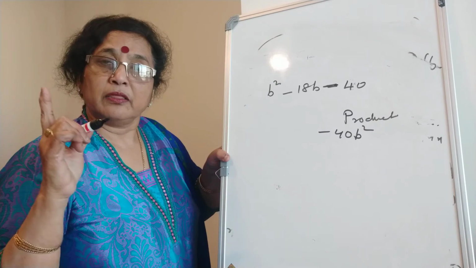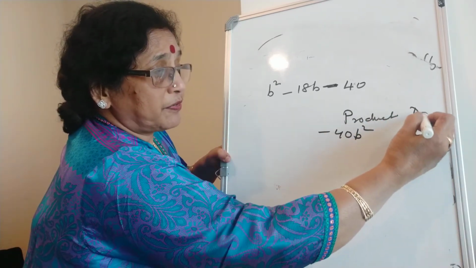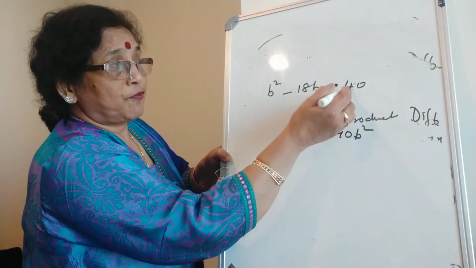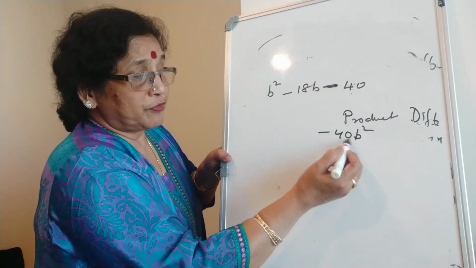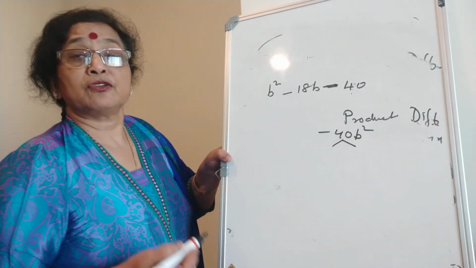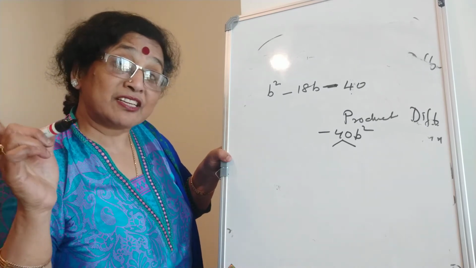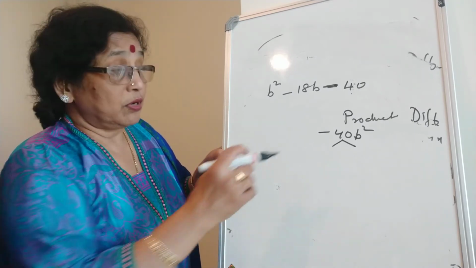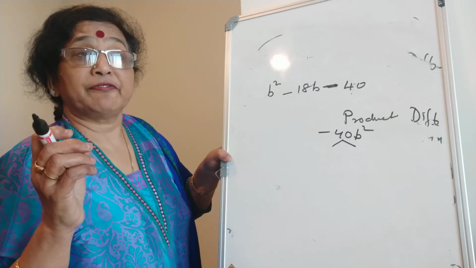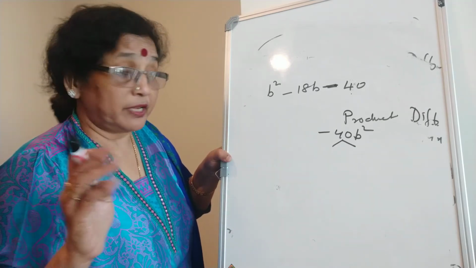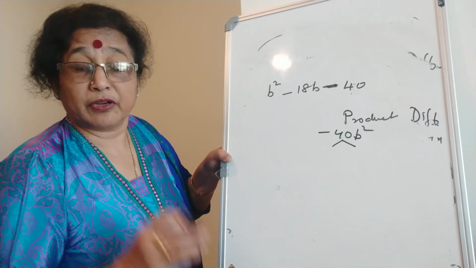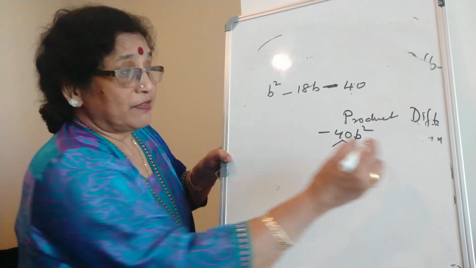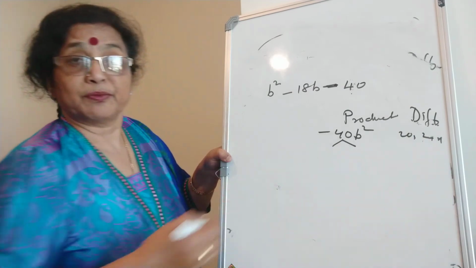That means the difference of the factors of 40 should give you 18. Subtraction should be 18. So 8 5s are 40, difference is 3. Then 4 10s are 40, difference is 10, and 4 twos is 6. So I will take 20 and 2.